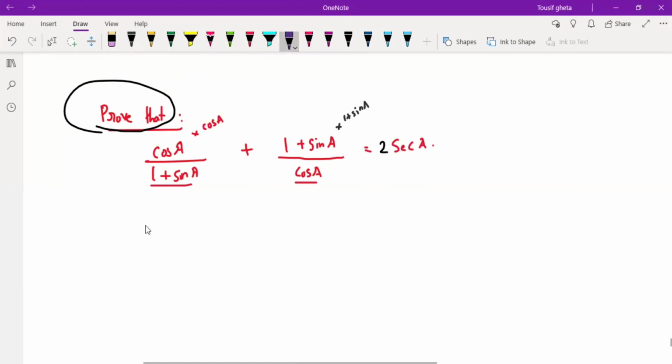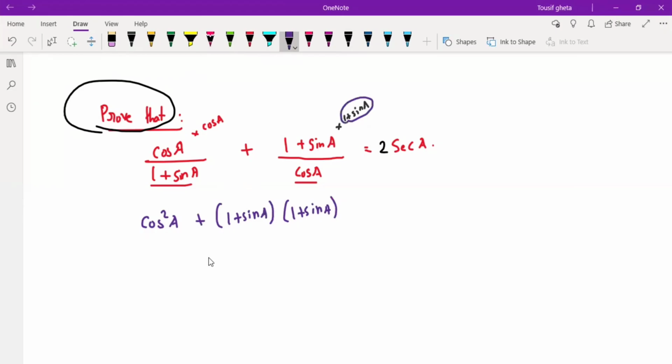If you multiply, the value we are going to get is cos square A plus 1 plus sin A into 1 plus sin A, because we are multiplying the 1 plus sin A numerator with the same trigonometric function, 1 plus sin A itself.